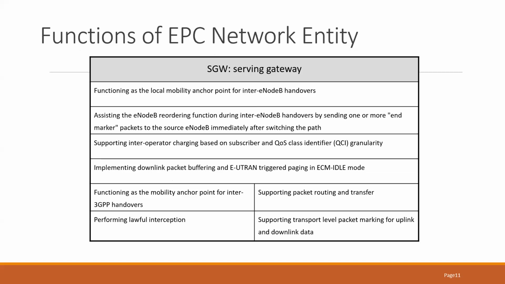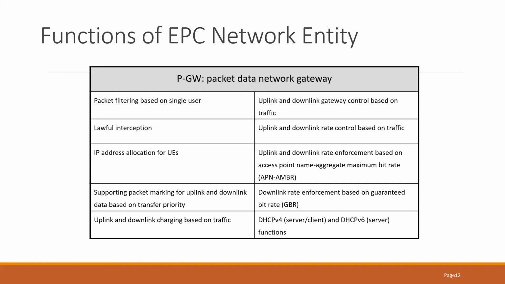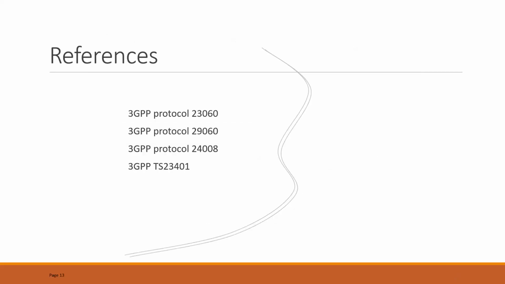GGSN's functionality is divided into two parts. Some portion is in SGW, which handles your user plane traffic, and the other part is the IP address allocation, communication with OCS, PCRF, and DPI. That is all part of PGW, as are your AMBR, GBR, DHCP server, IP allocation, routing, DPI, and communication with OCS.